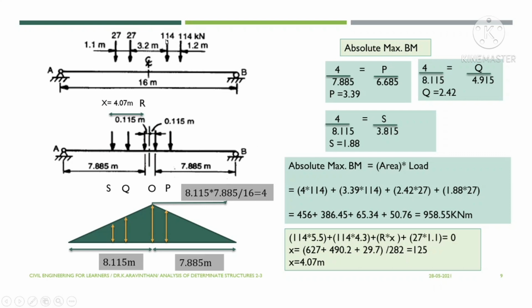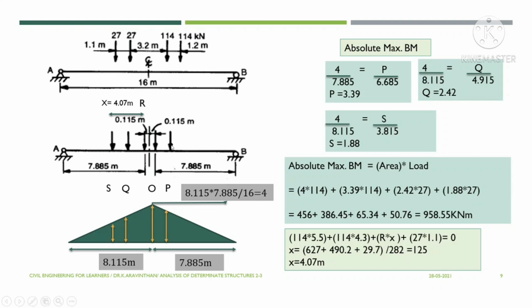First let us find the resultant. How to find the resultant? So these are the loads and the resultant has to be identified. To find the resultant, you have to take the moment at the first load. So I am taking the point S here. Okay.